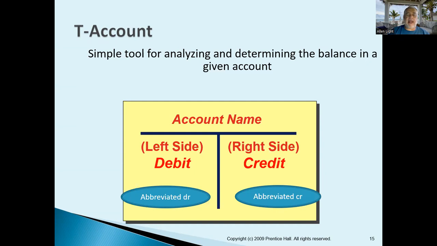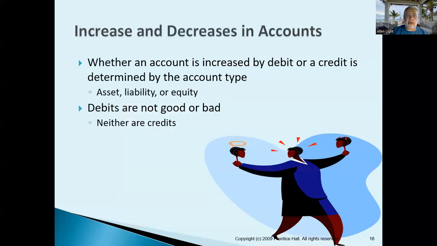If you walk into a bank and you want to give them cash to put in your account, you might use the term, please credit my account for this much. But theoretically, that's backwards in the accounting world, okay? Increases and decreases in accounts. Whether an account is increased by a debit or a credit is determined by the account type.